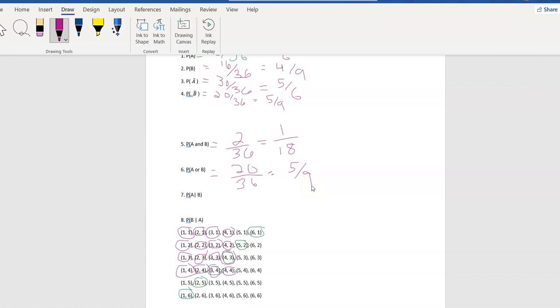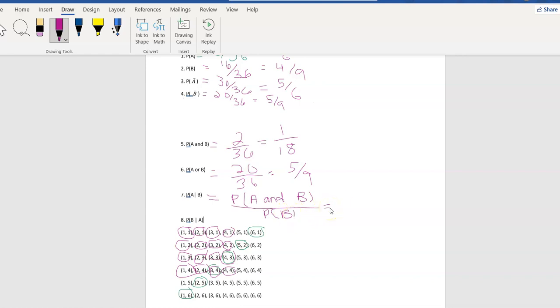All right, now the probability of A given B. We have to use one of the formulas that we got in the slides. And the formula for the probability of A given B is the probability of A and B over the probability of the second one in the notation, the probability of B. Okay, so let's just go back to previous answers.